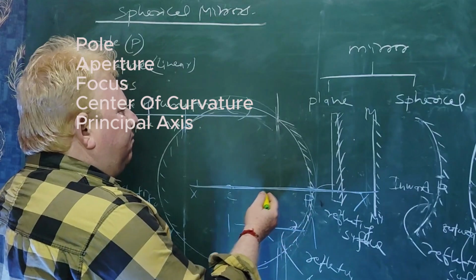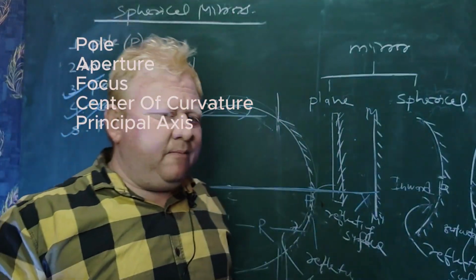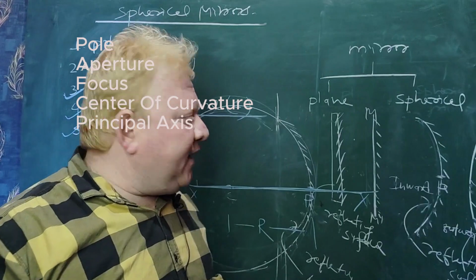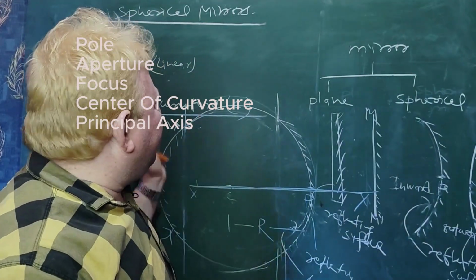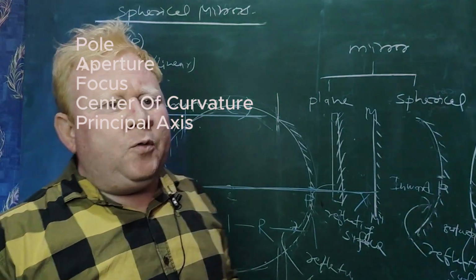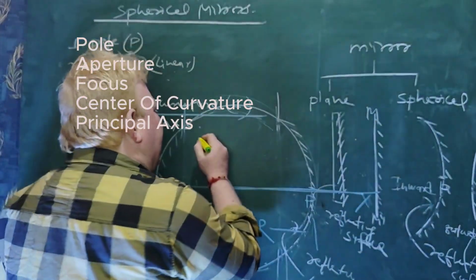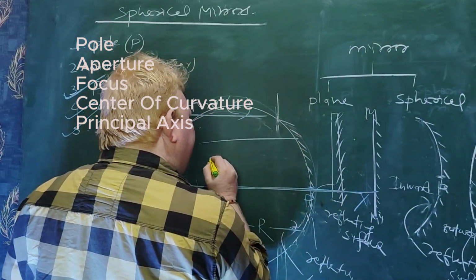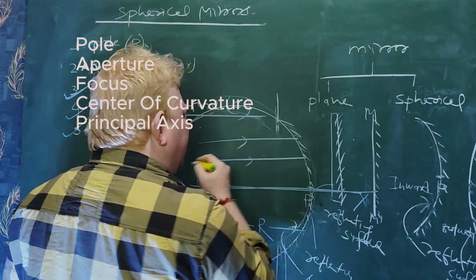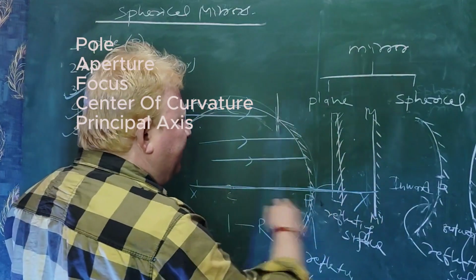And what about the focus, the principal focus? See, a light ray coming from infinity is assumed to be coming parallel to the principal axis. So a light ray coming from infinity, after reflection, meets at which point on the principal axis?